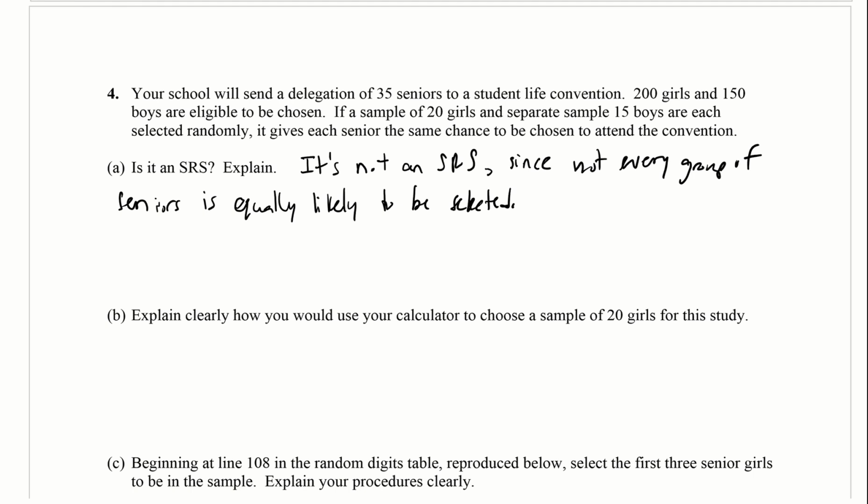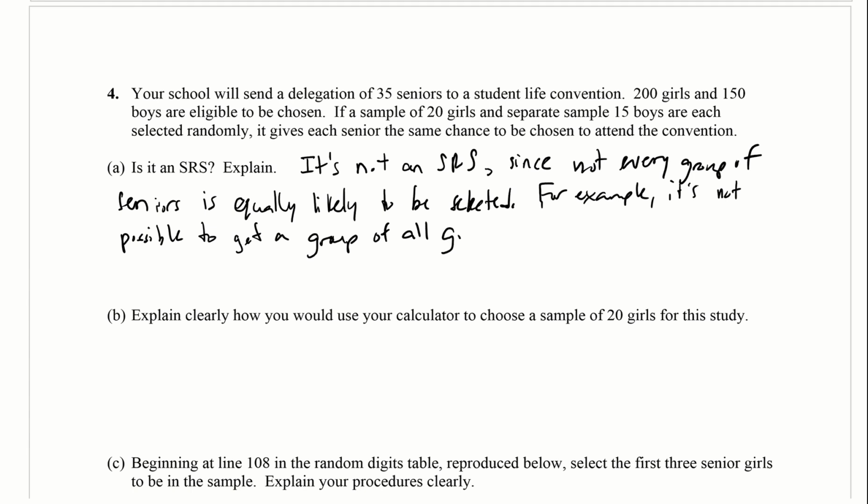It could still happen. There's a chance, which is not possible with this method, right? So equally likely to be selected. For example, it's not possible to get a group of all girls with this method, right? With the current method.